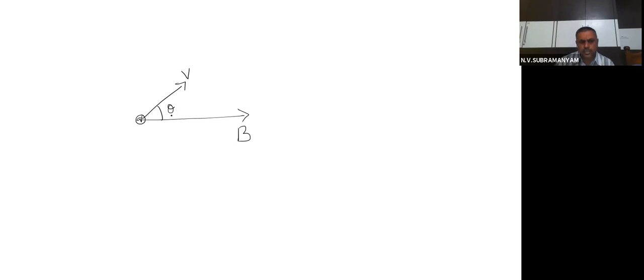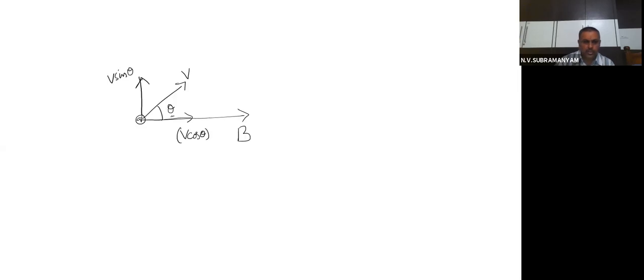This theta is not 90 degrees and it is not 0 also. Then I can resolve the velocity into two components. One is v cos theta, as per your vectors. The other component is v sin theta.